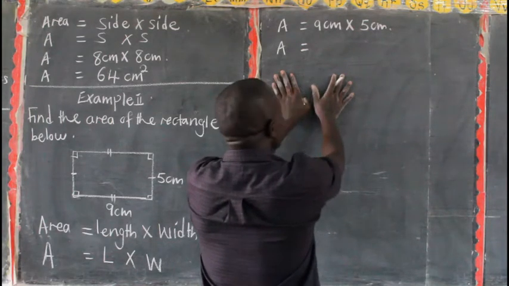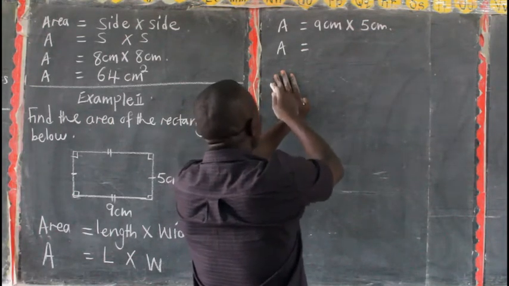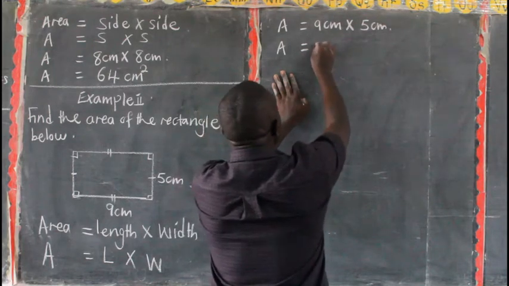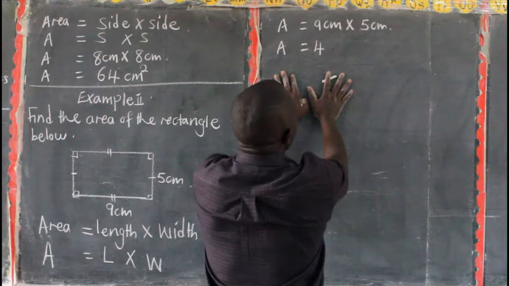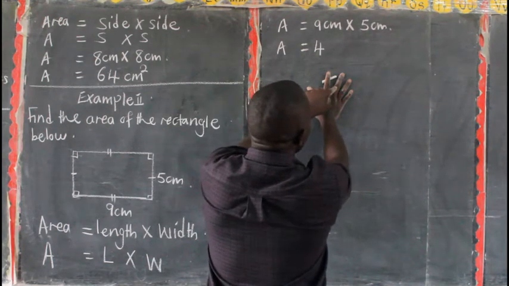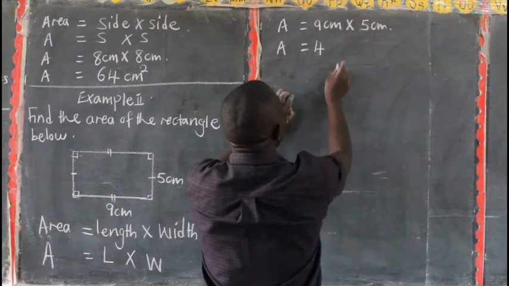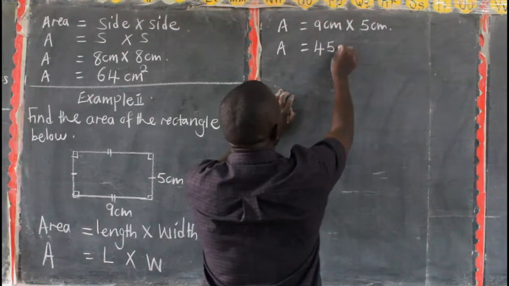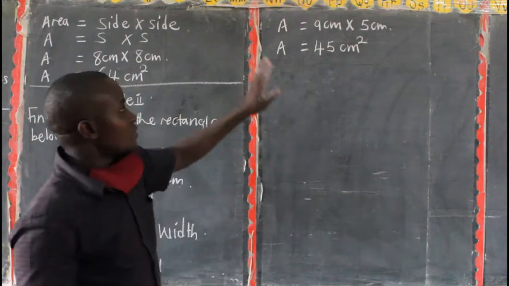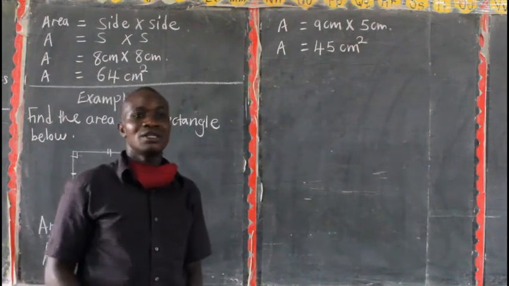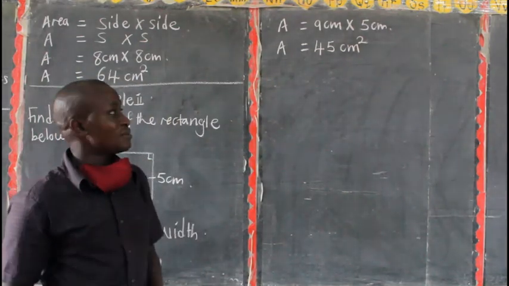Then you count the number of fingers on this side: 1, 2, 3, 4. You write there 4. Now you come this side: 1, 2, 3, 4, 5. So right here 5. Then centimeter squared. So 9 times 5, you get 45 centimeters squared.